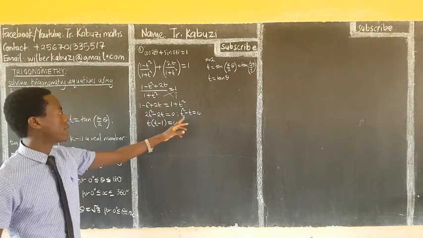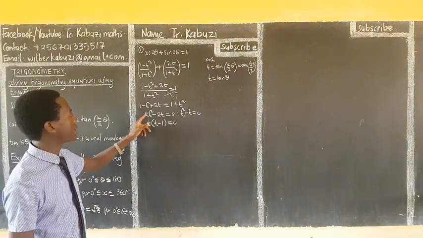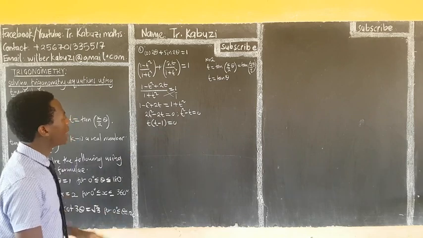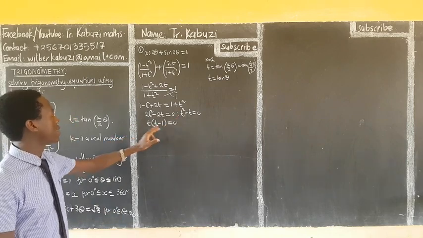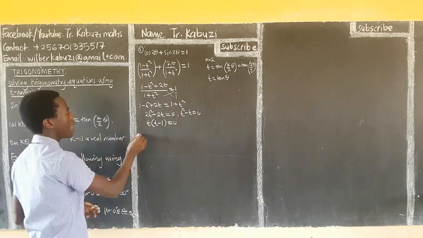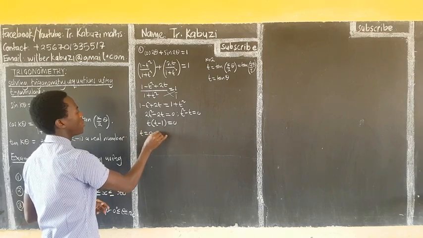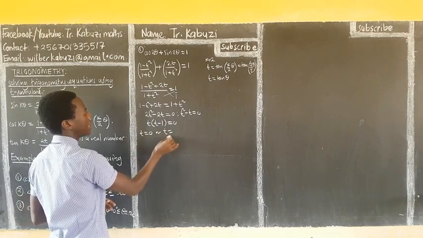If we factorize out T, we have T times T minus 1, so either T is 0 or T is 1.